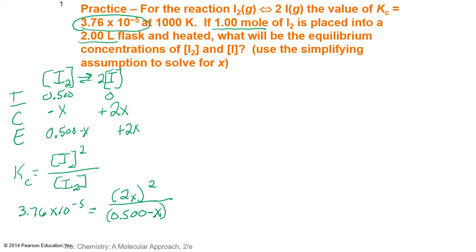So we can try the problem by canceling the x, simplifying the equation to make the math simpler. So by canceling the x, the problem becomes, we're going to move that 0.5 to the other side.